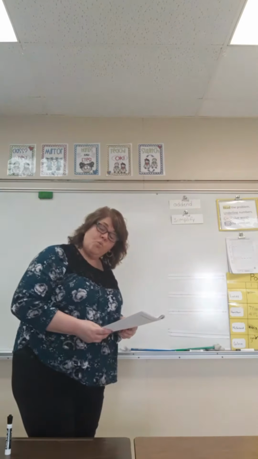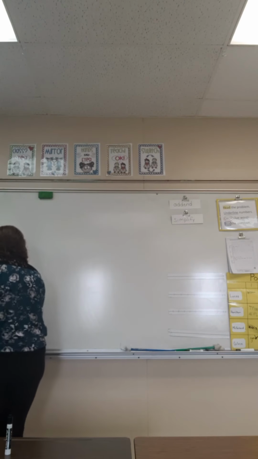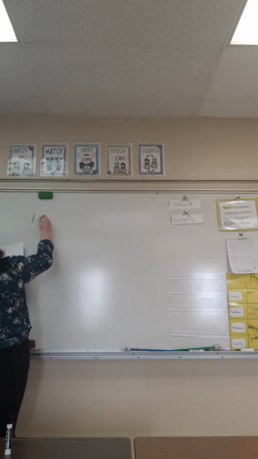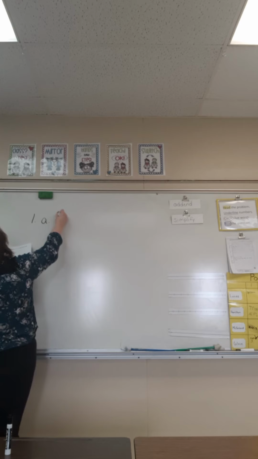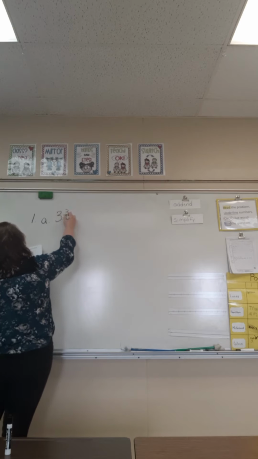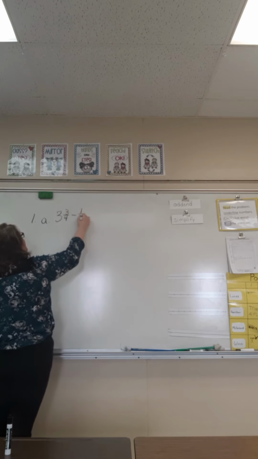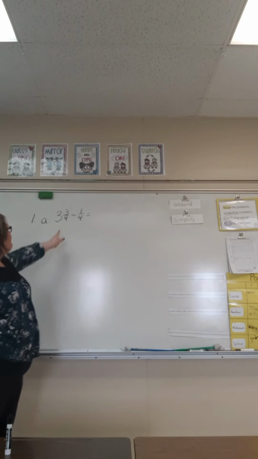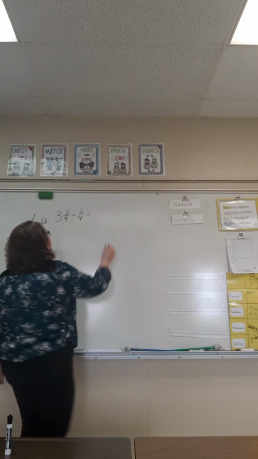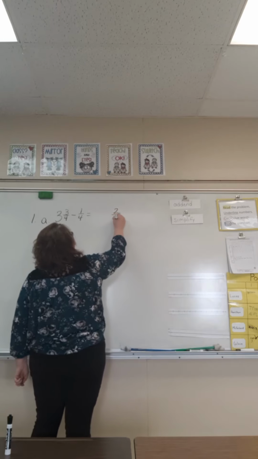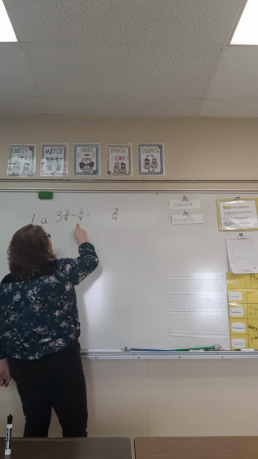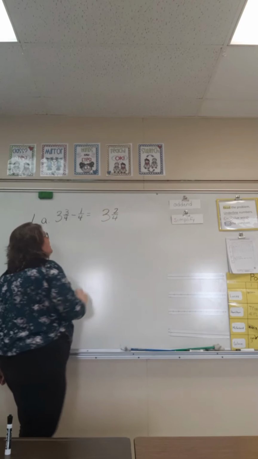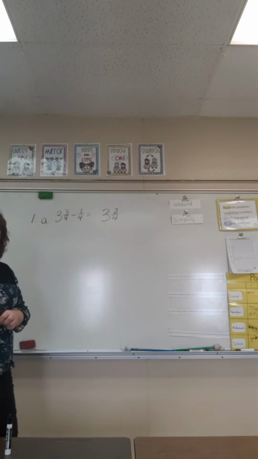I'm on number 1. Here's number 1A. We have 3 3/4 minus 1/4. Well, this one's kind of easy because you can do 3/4 minus 1/4 and you get 2/4. And I have 3 wholes. Take away no wholes is 3 wholes. But I have to check that.